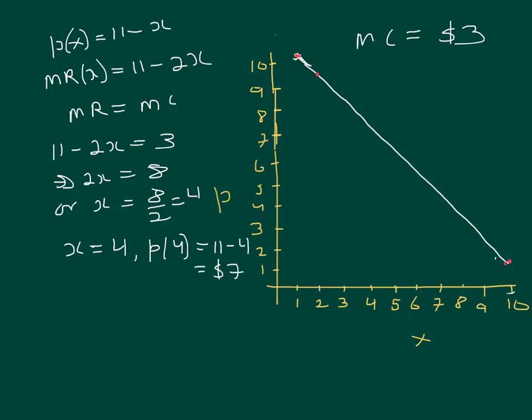So the monopolist does best when it charges a price of 7 and supplies 4 units of output. Since MR equals MC at this quantity, that's the rule that we used. We get that x equals 4 and p equals 7 is the best output.